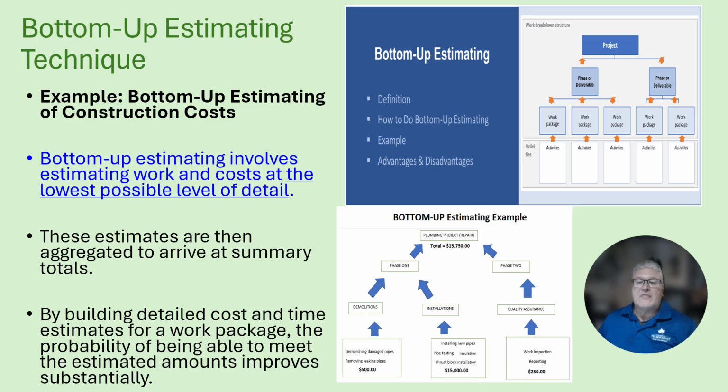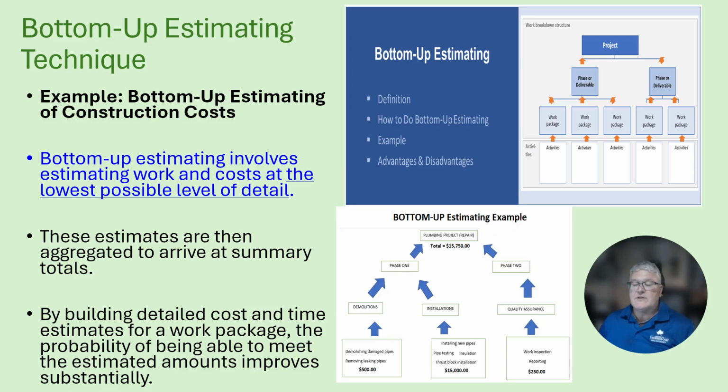Here we're going to look at the bottom-up estimating technique. This again is for construction costs. Bottom-up estimating involves estimating work and costs at the lowest possible level of detail. These estimates are then aggregated to arrive at summary totals. By building detailed cost and time estimates for a work package, the probability of being able to meet the estimated amounts improves substantially.